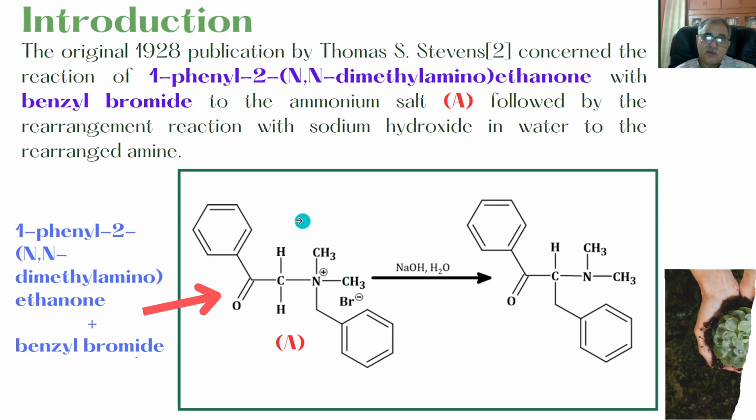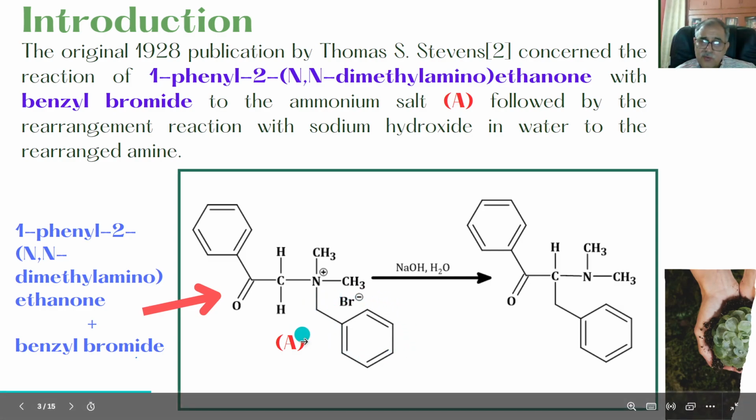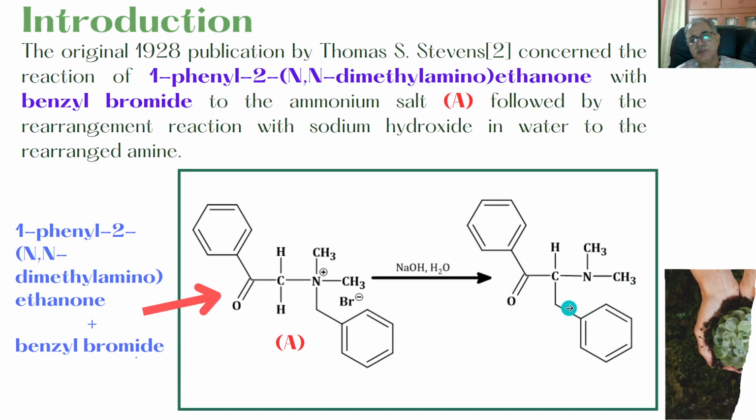And when this quaternary ammonium salt was reacted with a base, in the present case he chose sodium hydroxide in water, so we can say aqueous sodium hydroxide, 1,2 migration of this benzyl group from nitrogen to carbon took place, and the product formed was this type of tertiary amine.